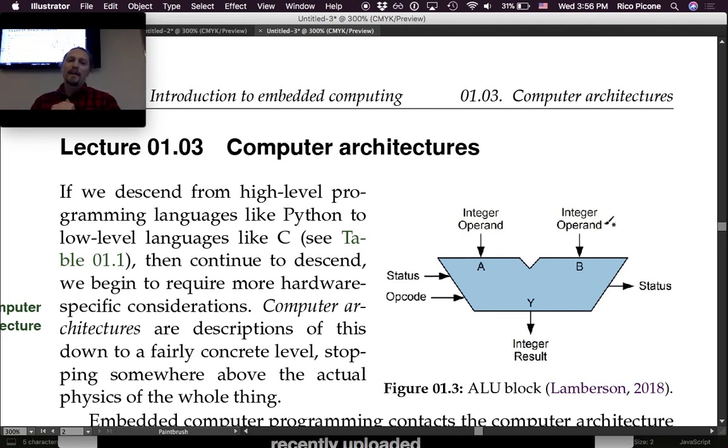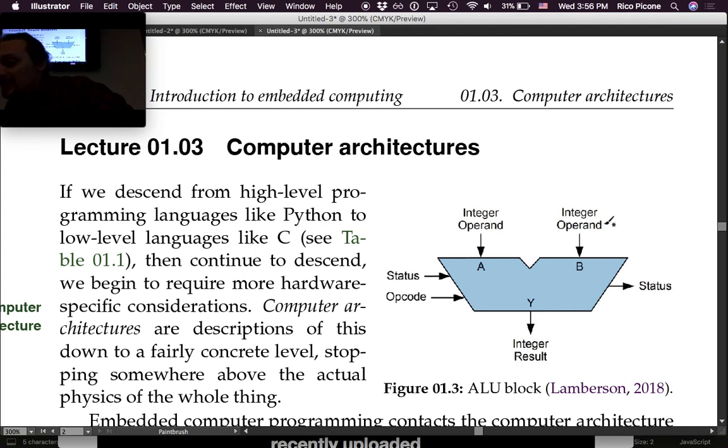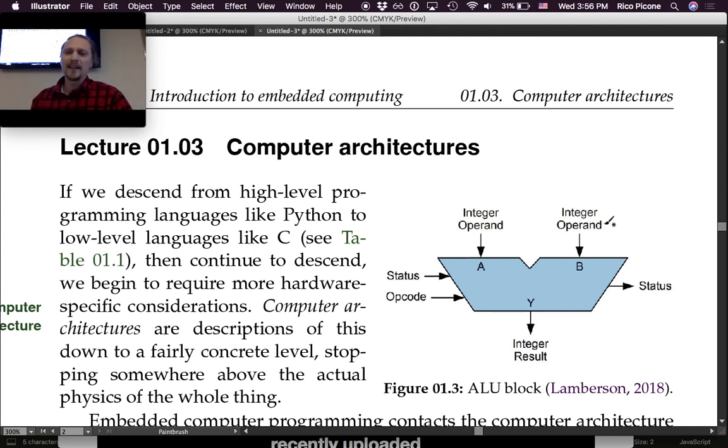I have to say computer architecture is so fascinating and so complicated. There's a lot going on because it's trying to allow us to do really complex things on circuits.